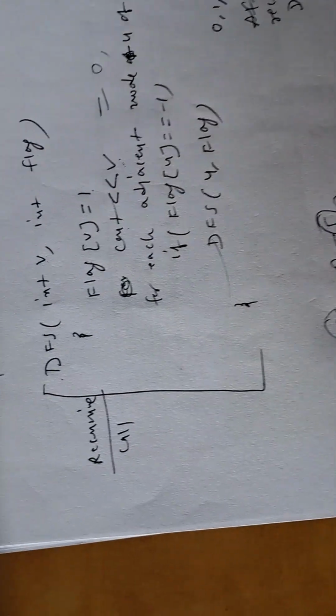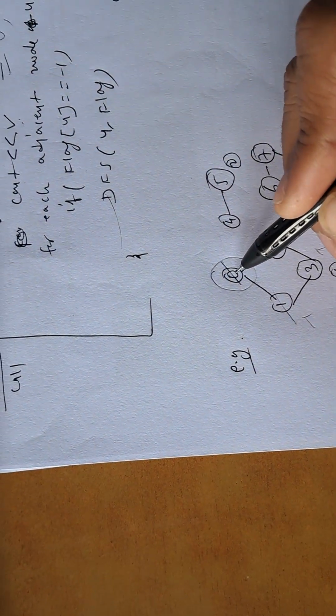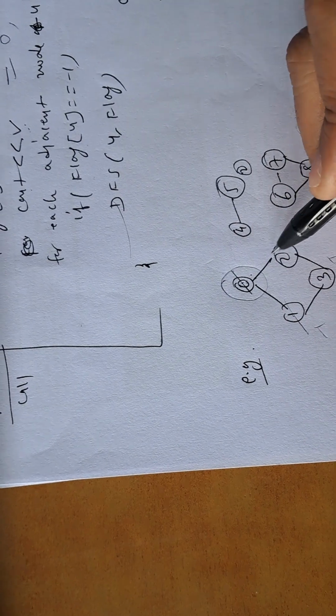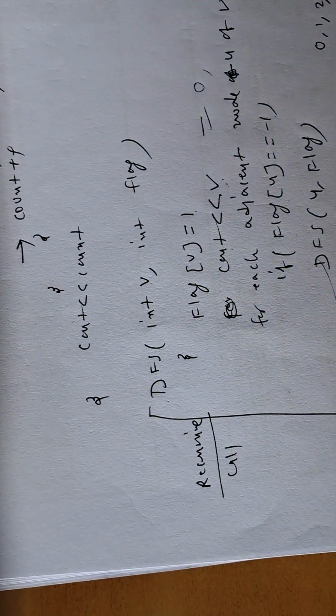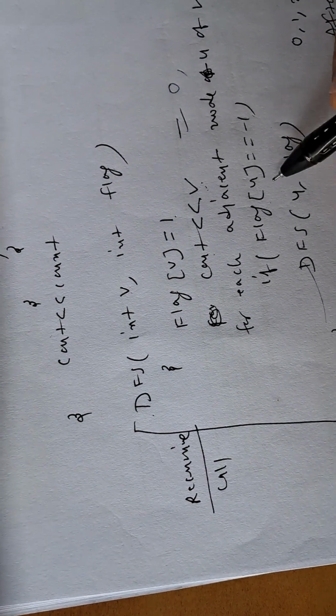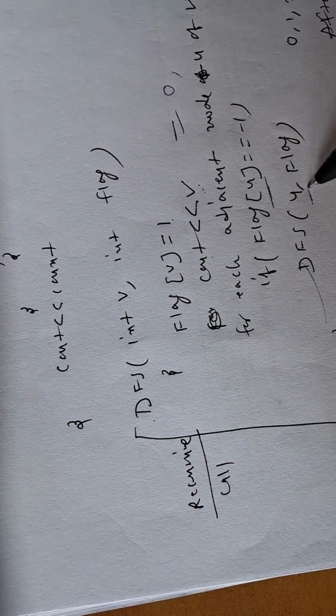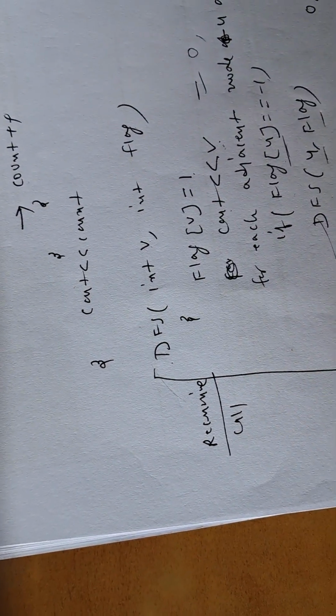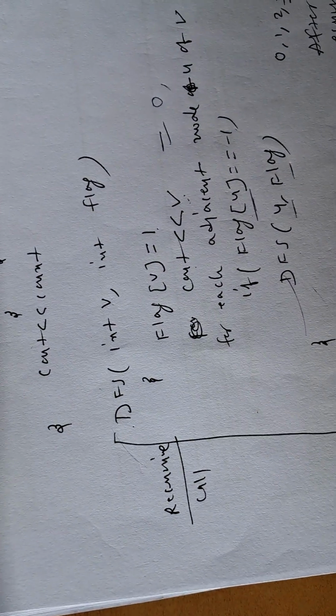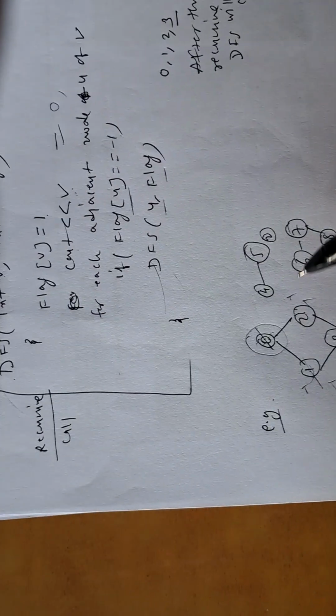Let's go through it. We go to 0 and find its adjacent vertices, that is 1 and 2, and their flag is still -1, so we make a recursive call on the adjacent vertices. Either we can call 1 or we can call 2.